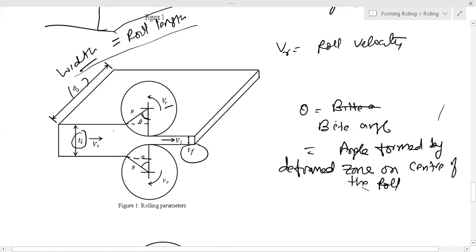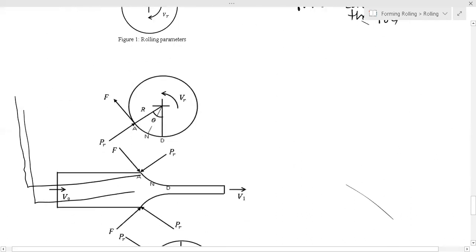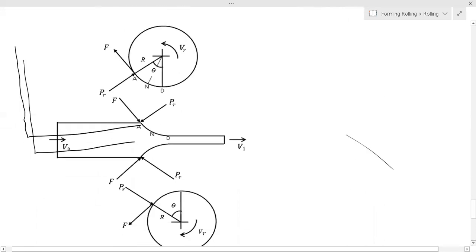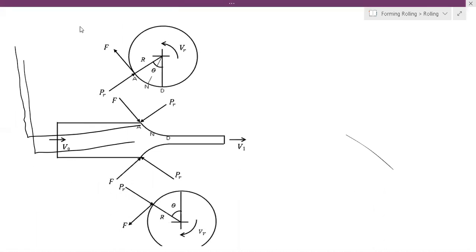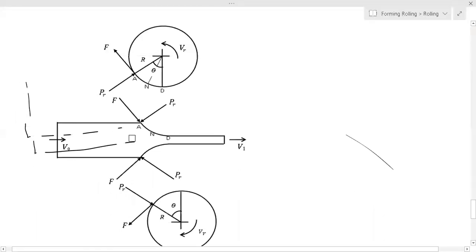And what happens when it moves? When it moves, because of the friction, yes, this is the free body diagram of the roll, and let us understand this. You have to understand. In any case, you have to understand.